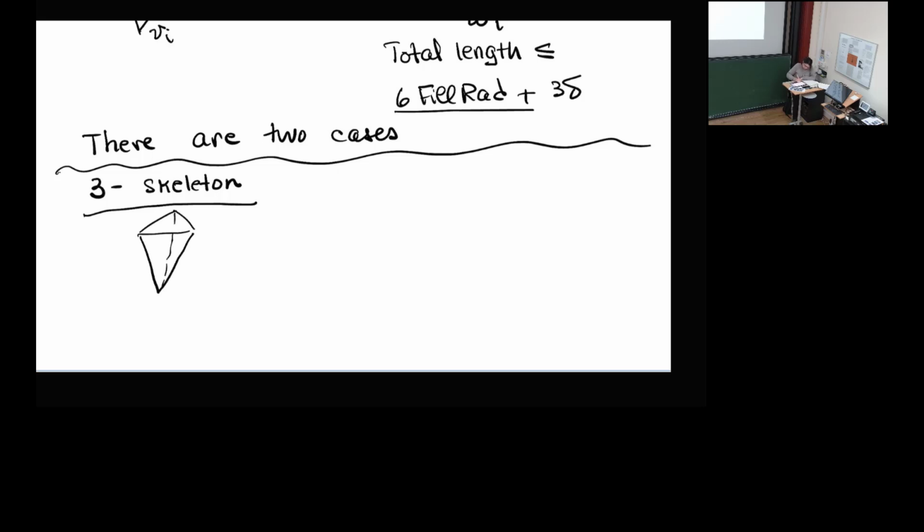Again, we know that we have something like this, and we know where the boundary is mapped. We take Vi, Wi, Wj, Wk, Wl.